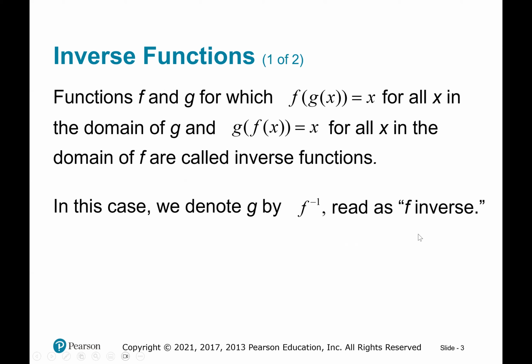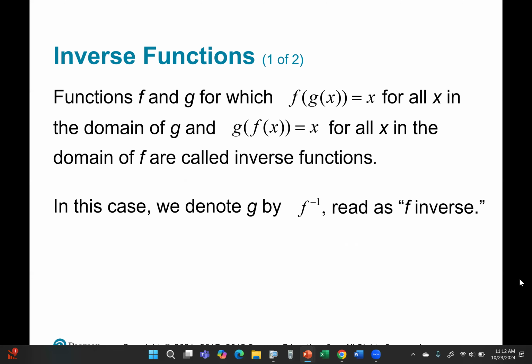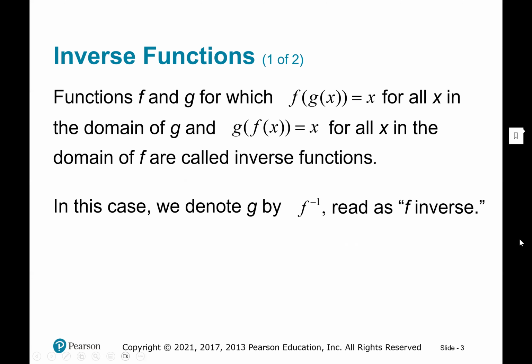And we denote the inverse of a function as f with a -1 in the exponent. That means the inverse of function f. For example, those two functions are inverses, which may be somewhat obvious to you, maybe not.